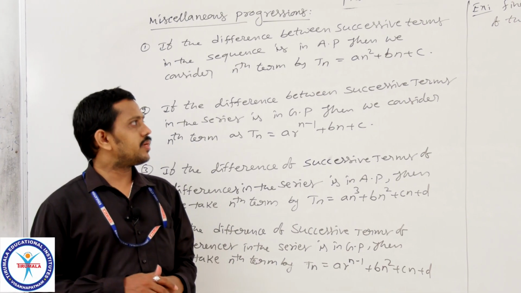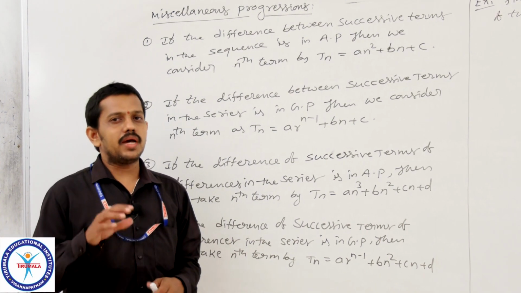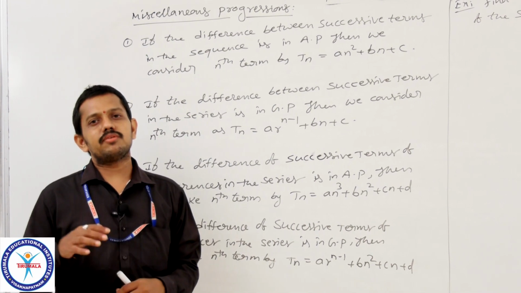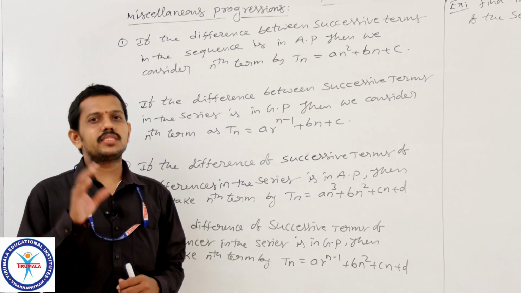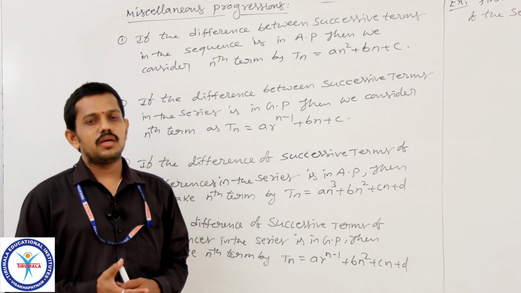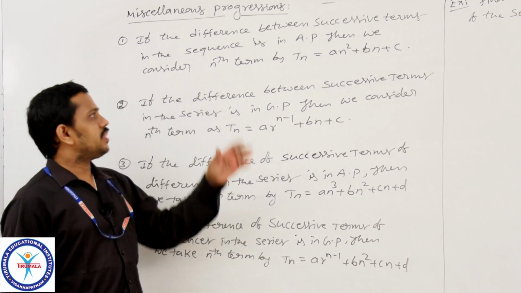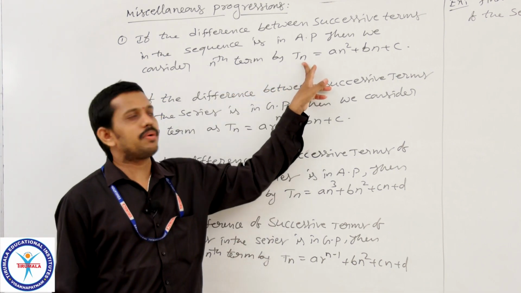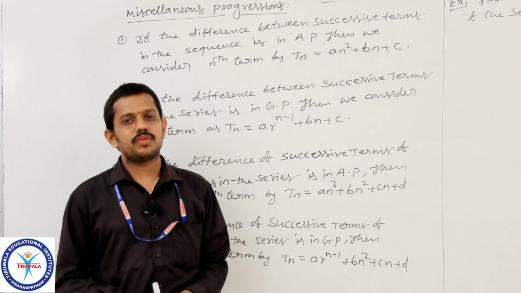Sometimes we cannot determine the nth term of the given series by the methods we have discussed earlier. So, in such cases we will check the differences between successive terms of the series. If the successive differences are in AP, then we take its nth term as Tn = an² + bn + c.